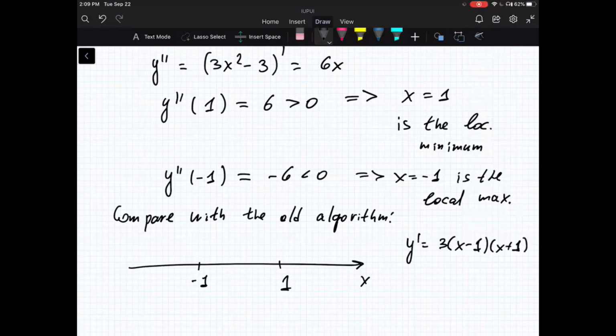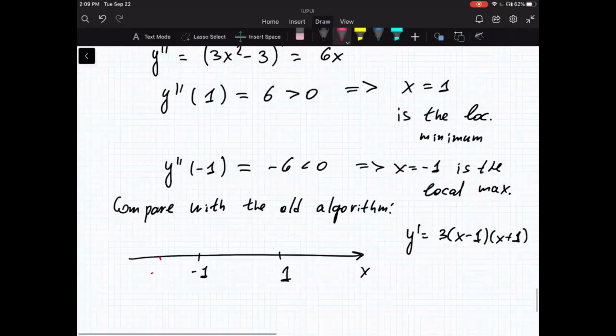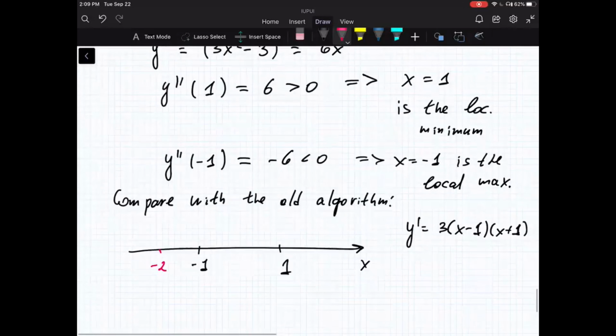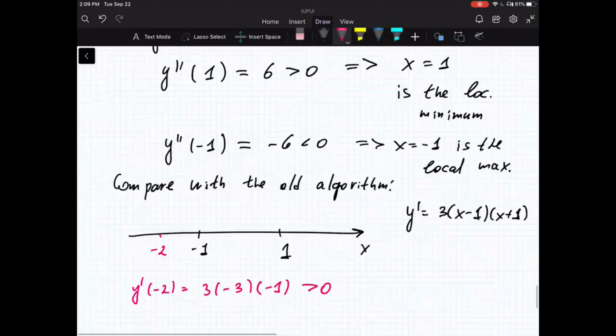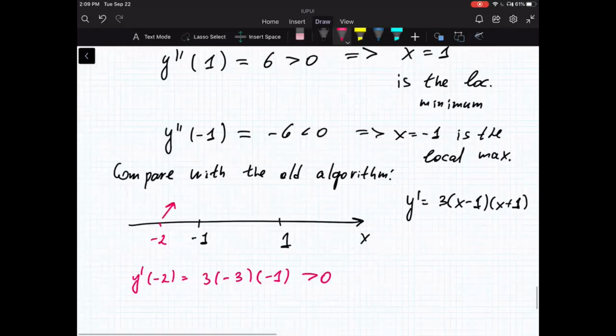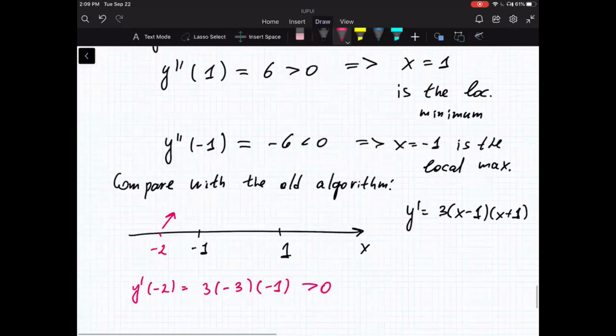If I choose the test point minus 2, then y prime at minus 2 will be 3 times minus 3 times minus 1, which is positive, so here my function is increasing.